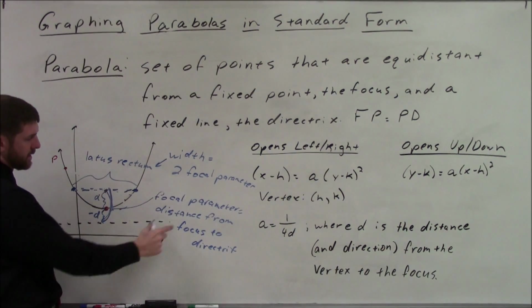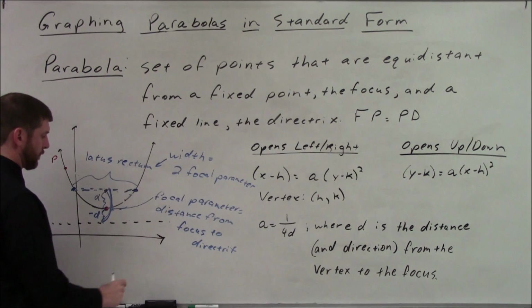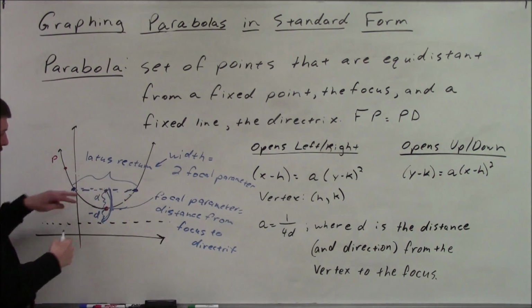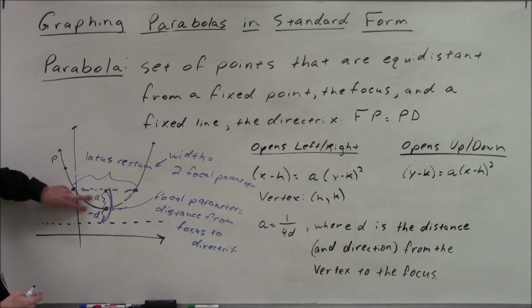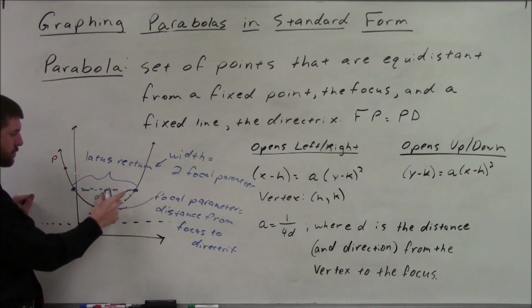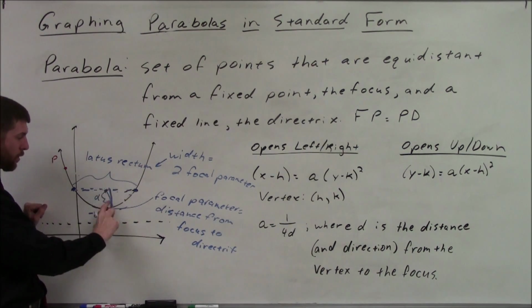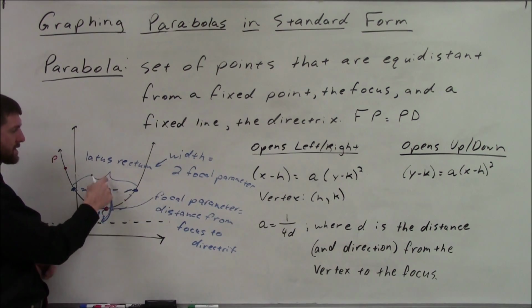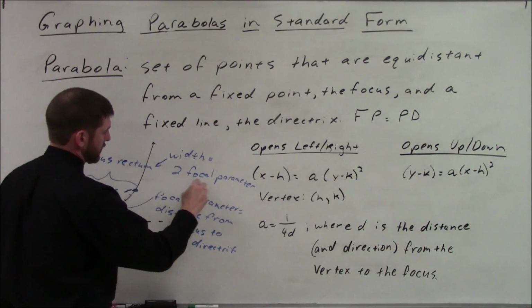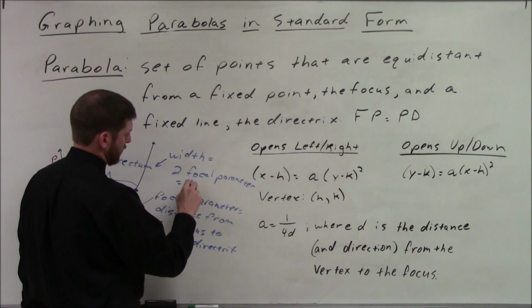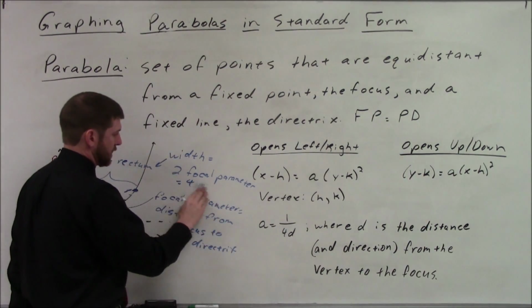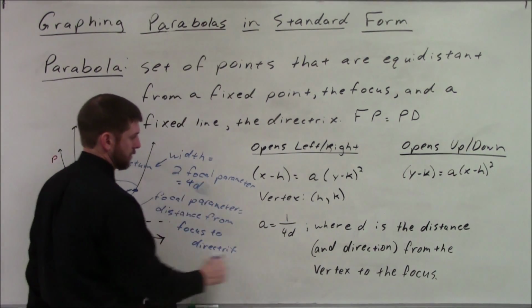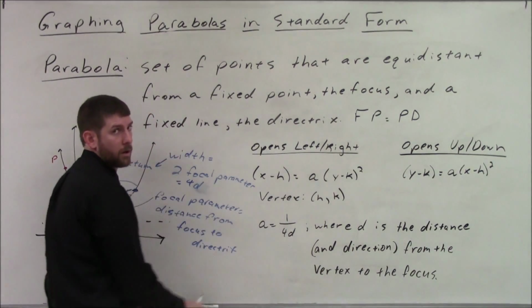So what we can see is if the focal parameter is this distance, well, this distance is 2Ds, correct? And the latus rectum is 2 focal parameters, so the latus rectum is actually 4Ds, which is what we can see right here. A is equal to 1 over 4D.